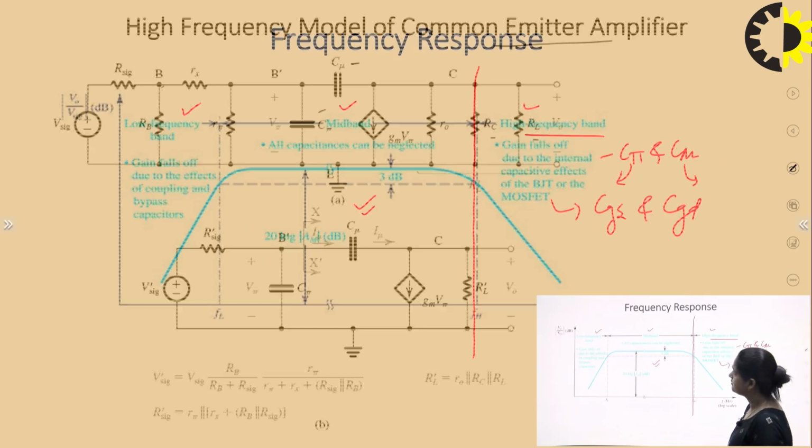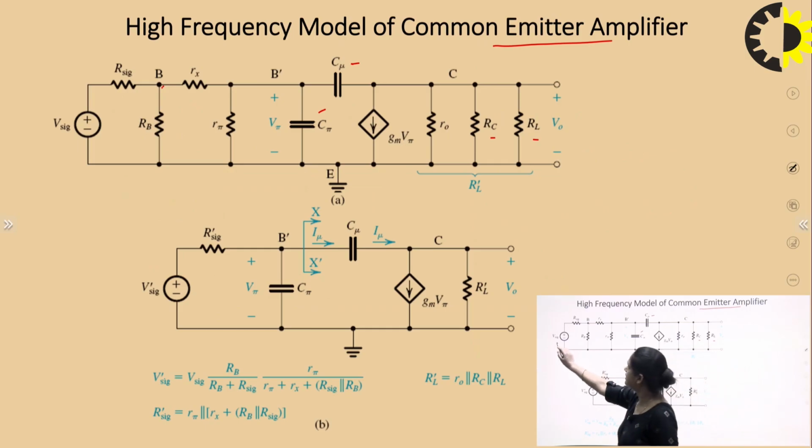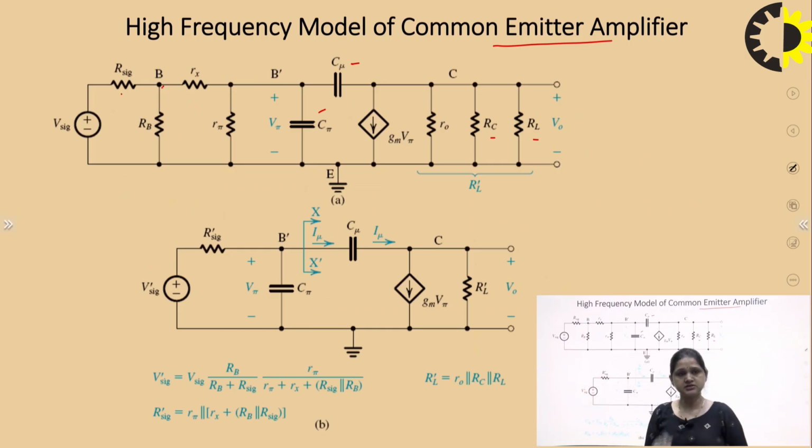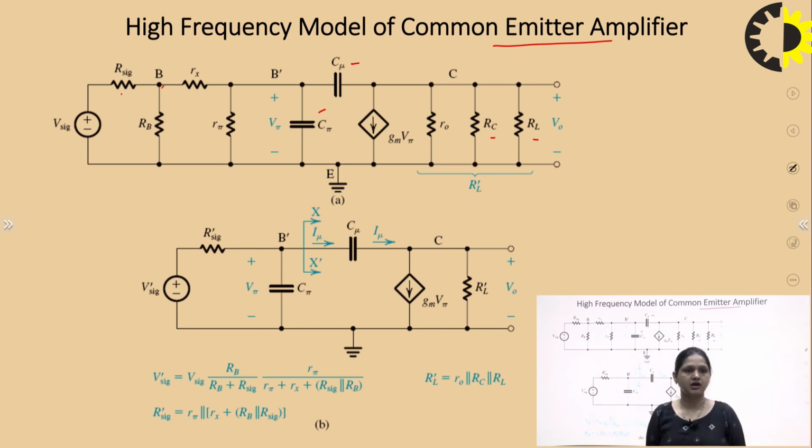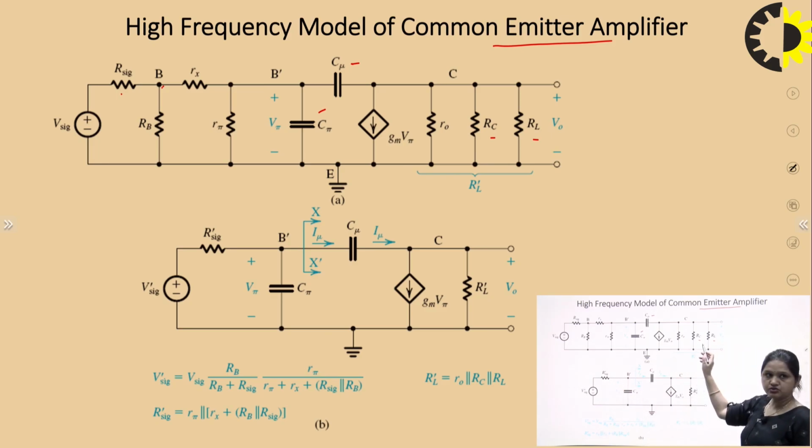So here we have added V signal and R signal at the same position, and RB is also connected between base and the ground, because the emitter is connected at ground. So we have used the common ground concept here. At the output, at the collector node, RC is connected.